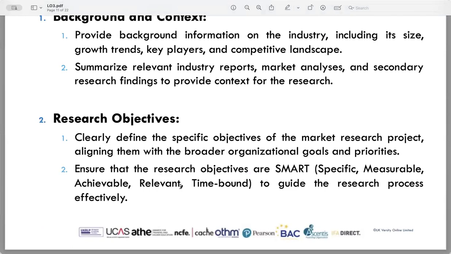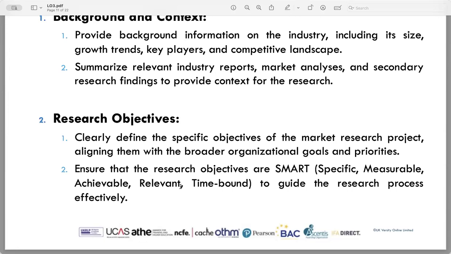These objectives are aligned with the broader organizational goals and priorities. It is essential to ensure that research objectives are SMART. As we explained above, SMART means specific, measurable, achievable, relevant, and time-bound, to guide the research process effectively.